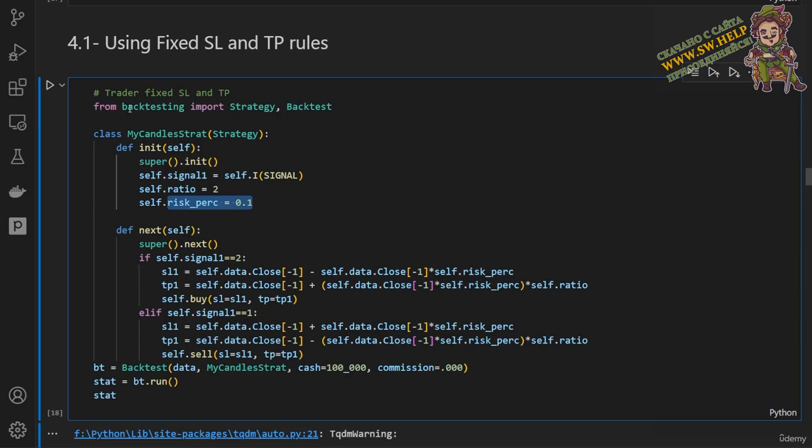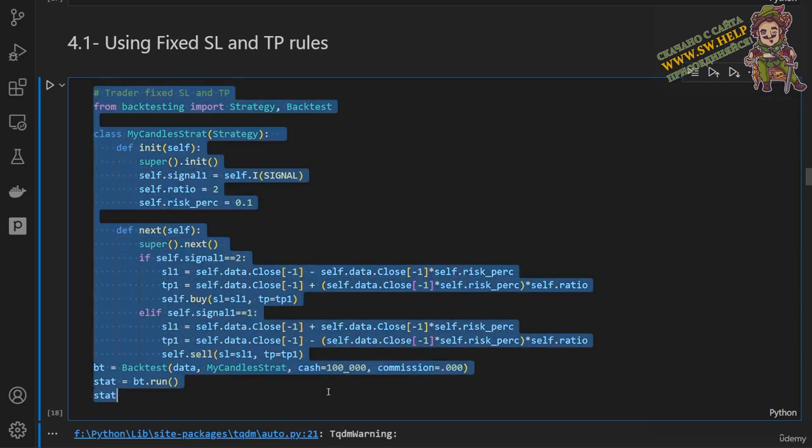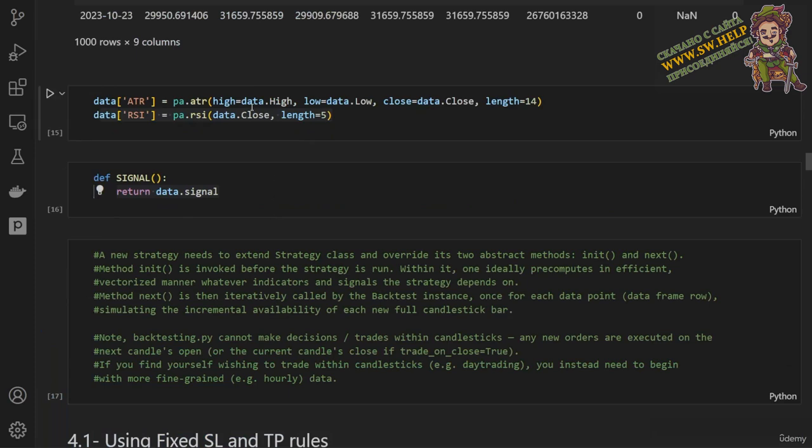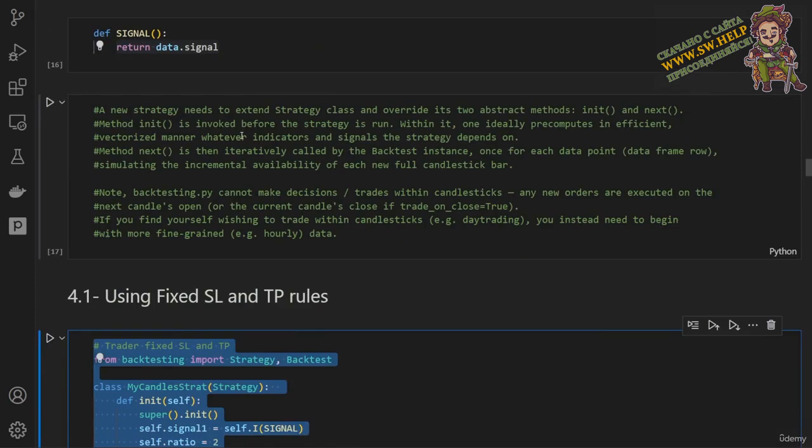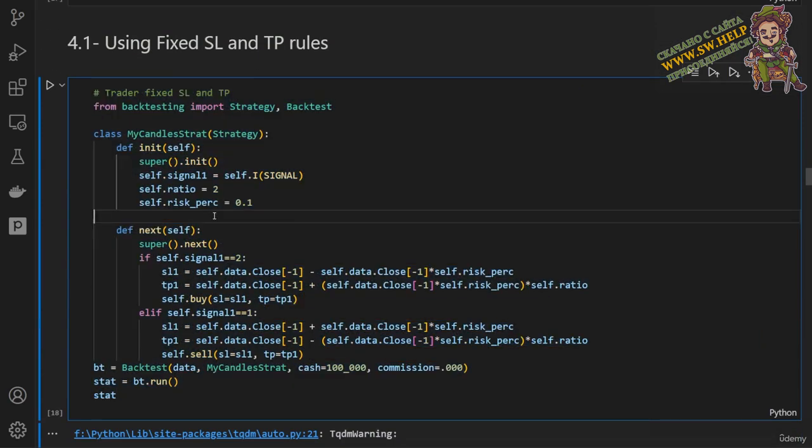So for this first strategy that we are testing here, the entry signal is taken from what we have explained already in this notebook, but the exit signal, the take profit and stop loss values, are fixed during the whole backtest, and they are dependent on the price itself. So it's 0.1% of the closing price.